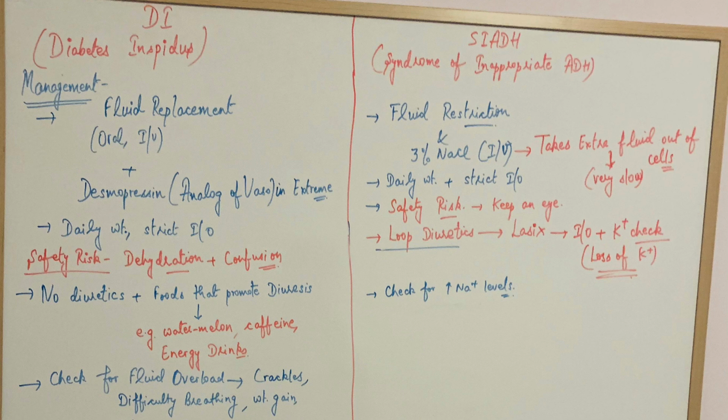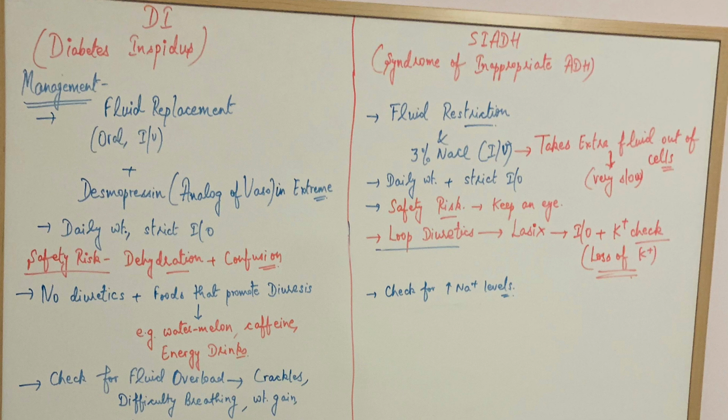And obviously the management of dehydration is fluid replacement, which is the primary management. Fluid replacement can be oral, or it can be IV if the dehydration is severe. In extreme conditions the replacement can be IV.